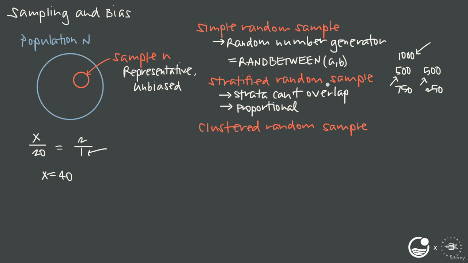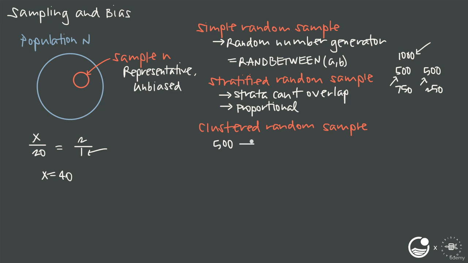What we could do instead is say that we have 500 Fortune 500 companies, and we could think about each of those companies as its own cluster. So we have 500 clusters. We could take a random sample of those 500 companies. So we could assign each of the Fortune 500 companies a number, 1 through 500. Then we could use a random number generator. Let's say we want to take a sample of 25 of these companies.